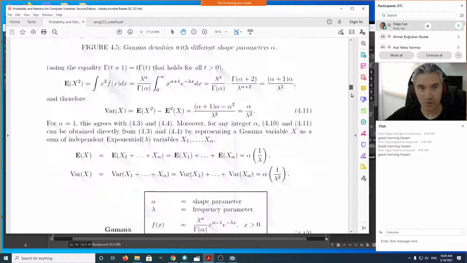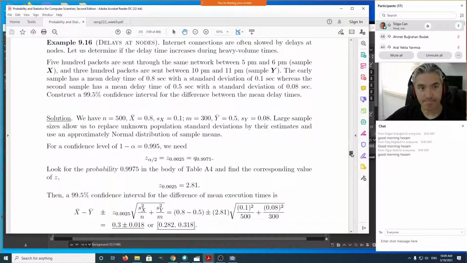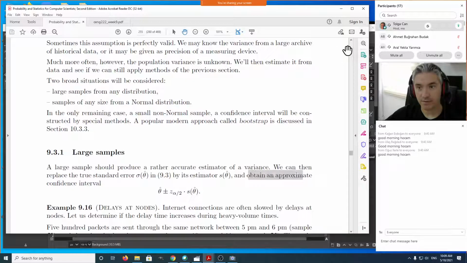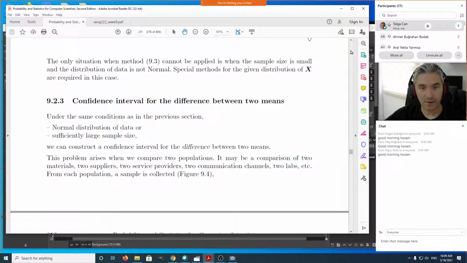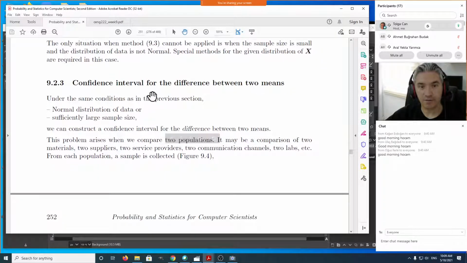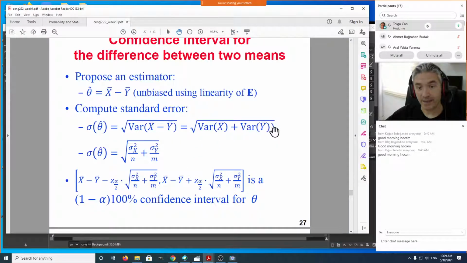Let me go back to 251 quickly. This is where we are right here: confidence interval for the difference between two means. We can also take a look at the example there. But here, our estimator's variance, which gives the standard error, is going to be these two variances summed up, and then we take the square root.